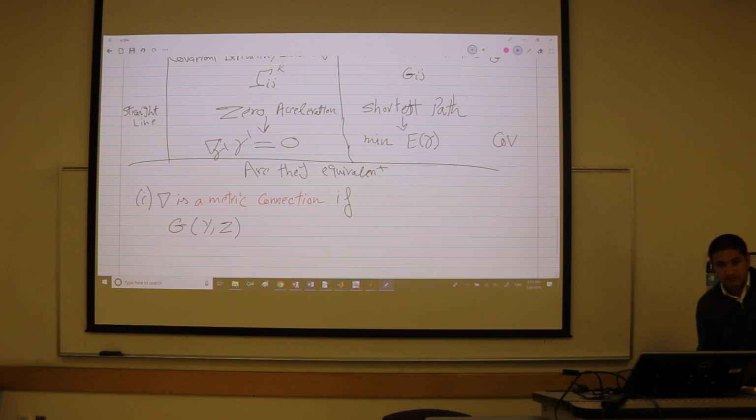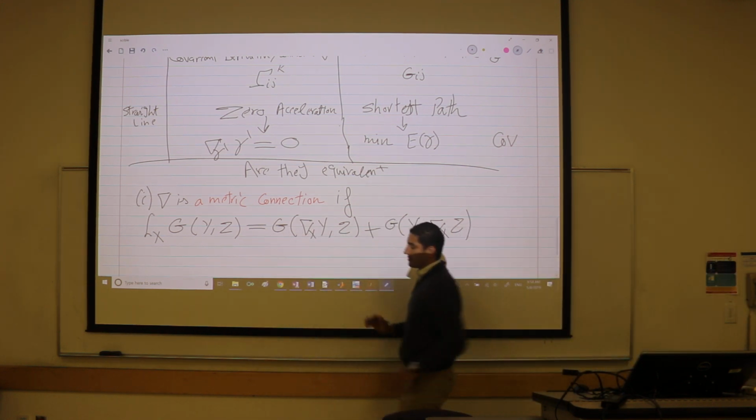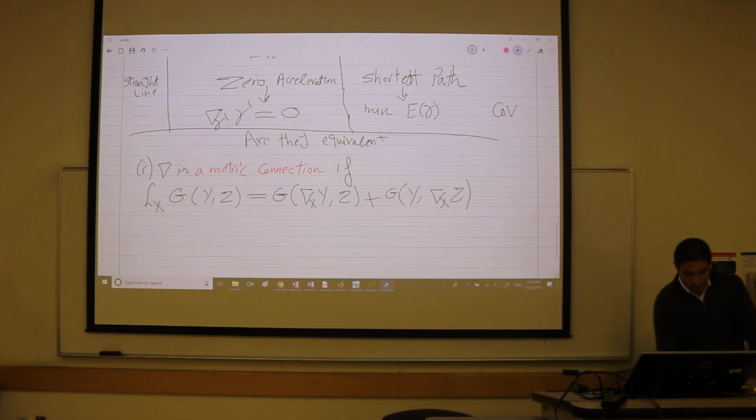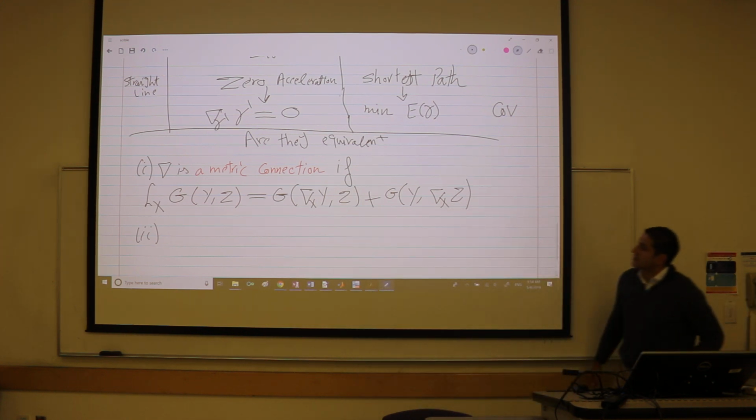What is the result? Yeah, a scalar, right? A function. Here I'm differentiating it along x. So this should be g of nabla xy and z plus g of y and nabla xz. In other words, this property says that both nabla and g respect each other. They are compatible. Sometimes they call it compatible: nabla is compatible with g if this equality holds.